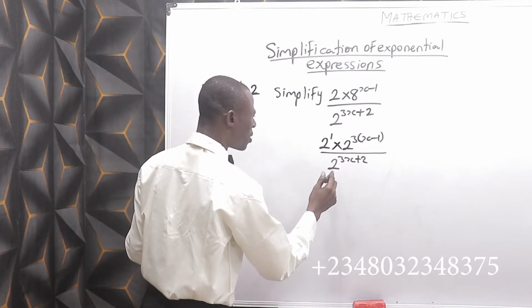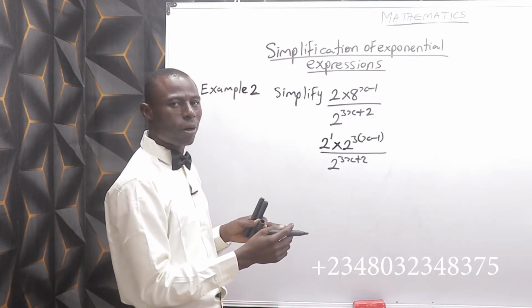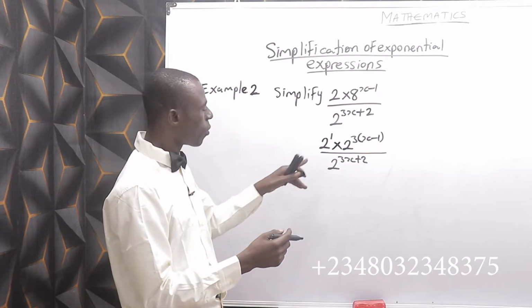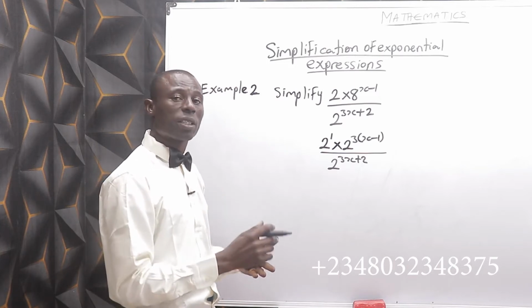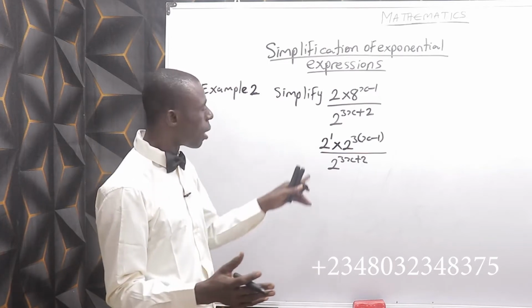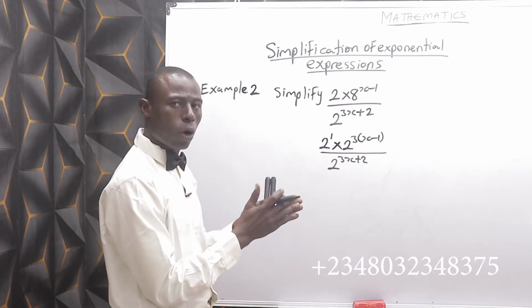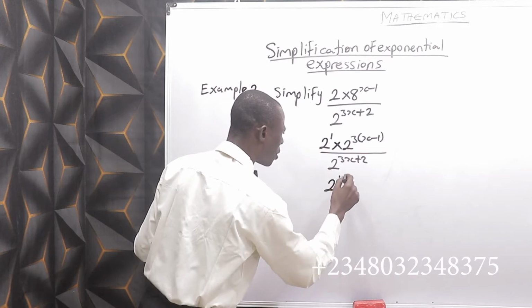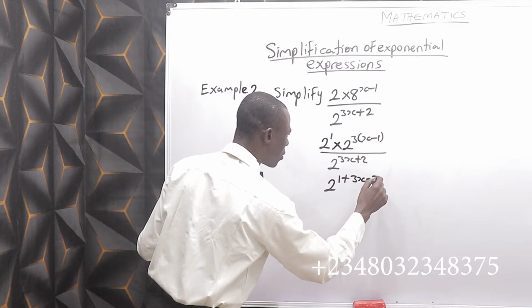So this will mean you now remember the first law that we discussed when we started, in which we learned that multiplication changes to addition and we take one of the common base to carry the powers operated on it. So we have 2 raised to power 1 plus 3x minus 3.